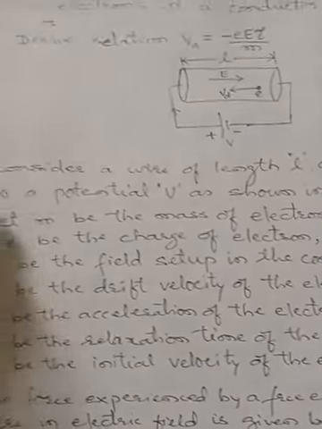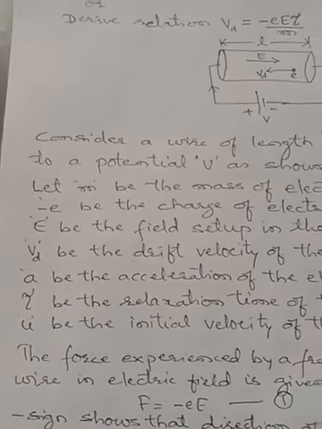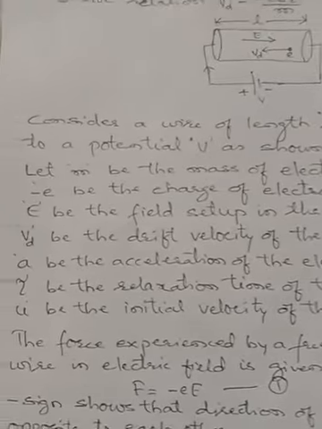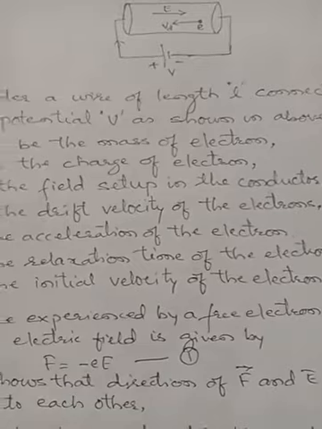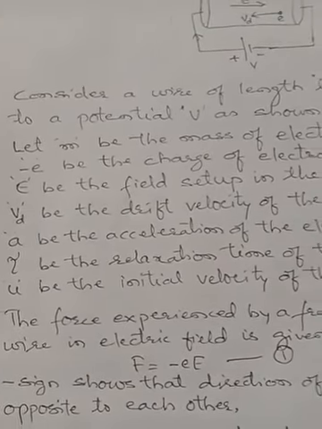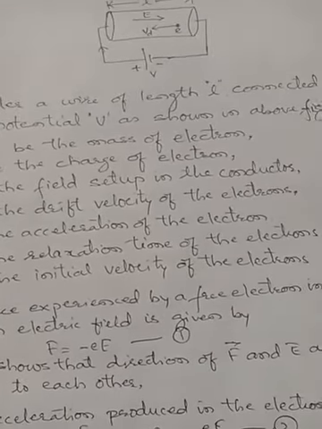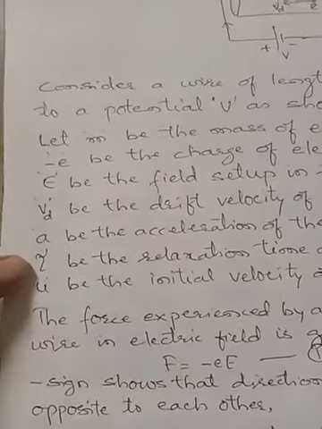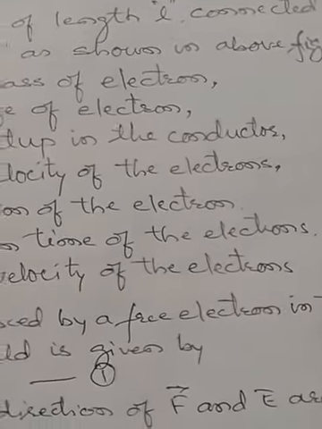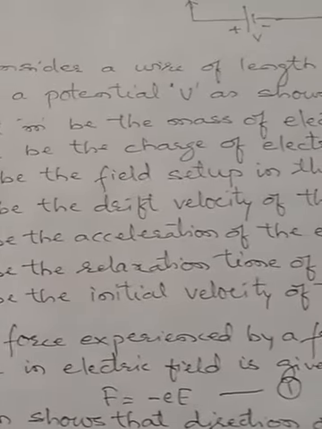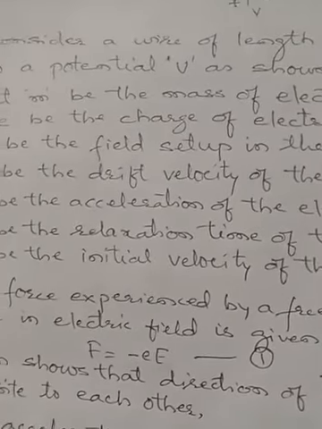Then, let m be the mass of the electron, minus e be the charge of the electron, E be the field set up in the conductor, Vd be the drift velocity of the electrons, a be the acceleration of the electrons, tau be the relaxation time of the electron, u be the initial velocity of the electrons. These considerations you have to write as it is.